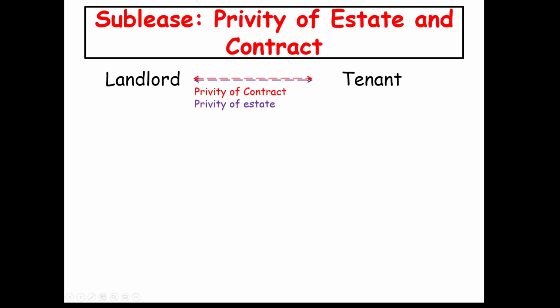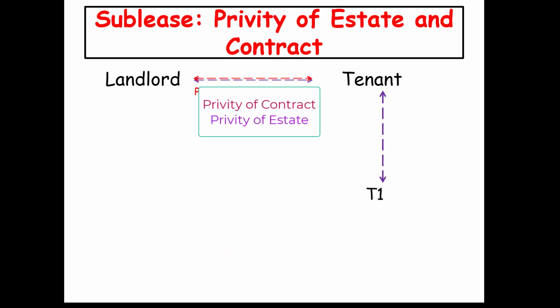So let's look at that in a graphic representation. Here we have the landlord and the tenant, right, enter a lease, and the landlord delivers possession to the tenant. That creates privity of contract and privity of estate. The tenant transfers an interest to a new tenant, creating privity of estate and privity of contract between the tenant and the new tenant. The question that that problem poses is, what is the relationship between the landlord and this new tenant?